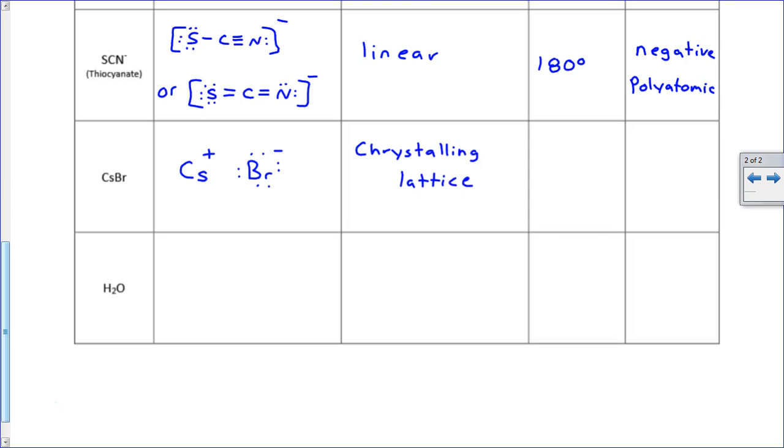All ionic substances form crystalline lattice structures for their shape. They have no bond angles associated with that, so there's nothing there. All right, and then in terms of their polarity, all ionic substances are polar. They're all actually very intensely polar. So we know if it's ionic, that is definitely polar.